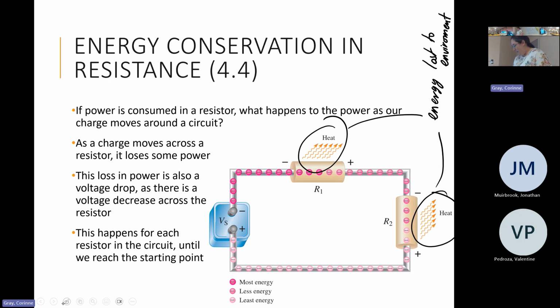What do you think happens if I look at the conventional current instead? What if I looked at the positive charges moving around the circuit?